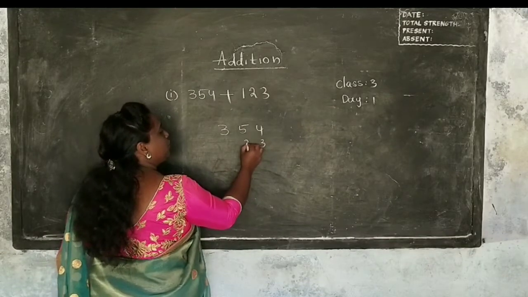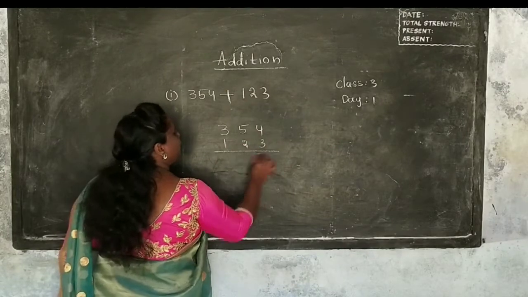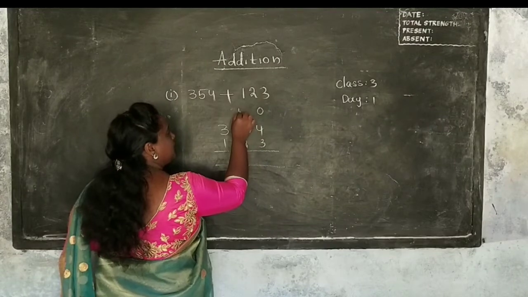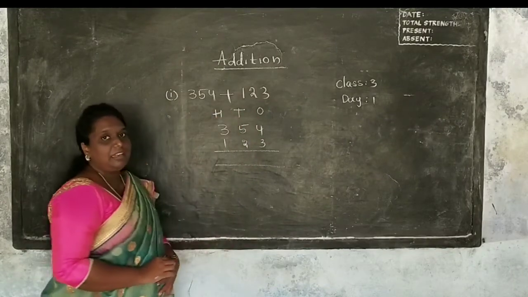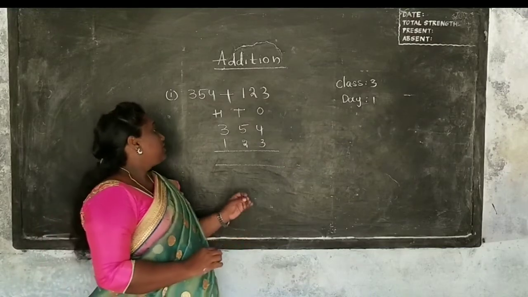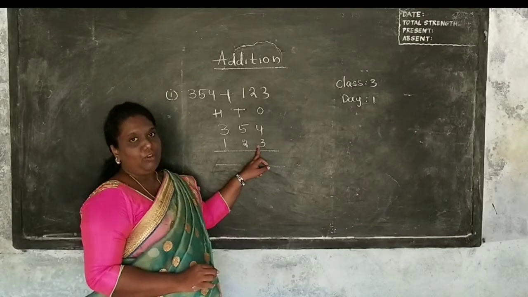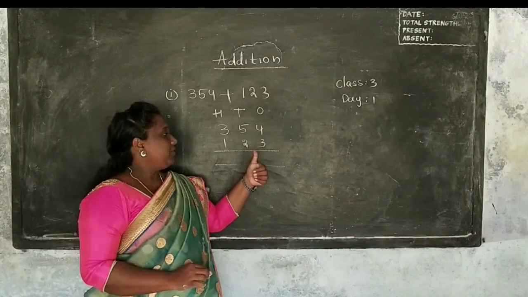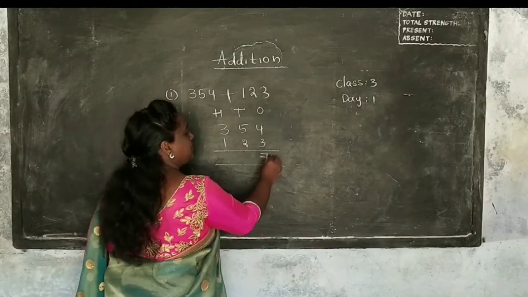Now, this is ones column, tens, hundreds. Children, now we are adding 4 plus 3. You know how much 4 plus 3? 4 and 3, 5, 6, 7. So 4 plus 3 is 7.